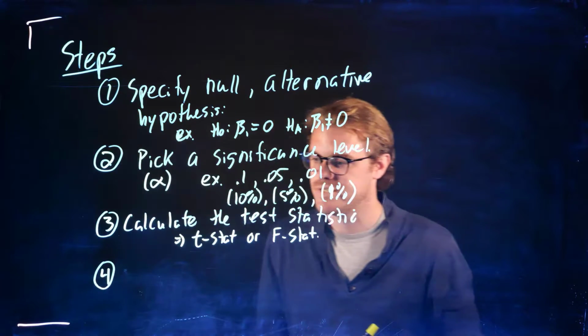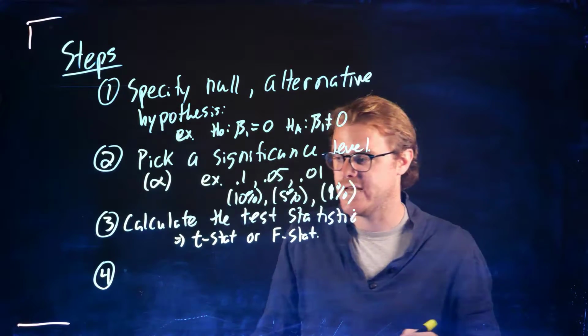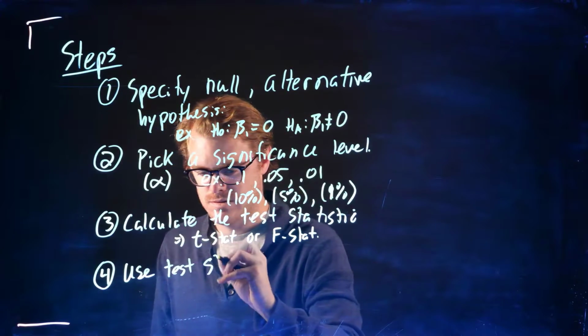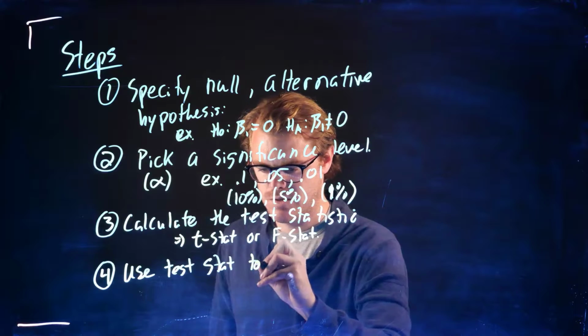And the fourth thing that we're going to do is use this test statistic to make a conclusion about our test. I guess we're using our significance level there too.